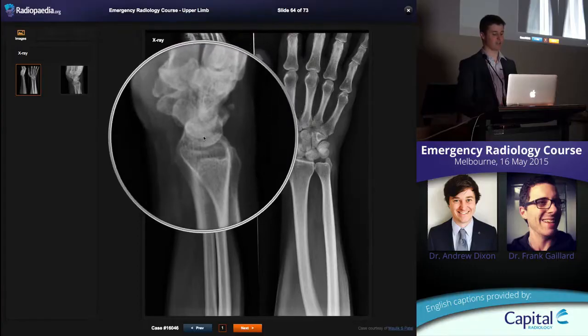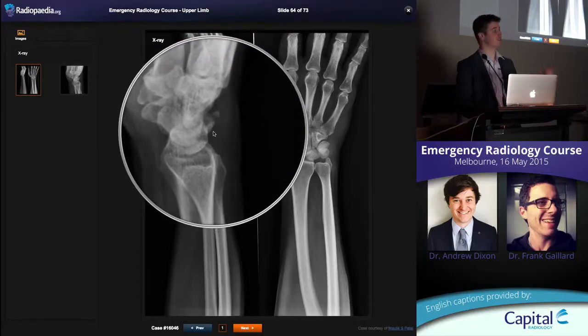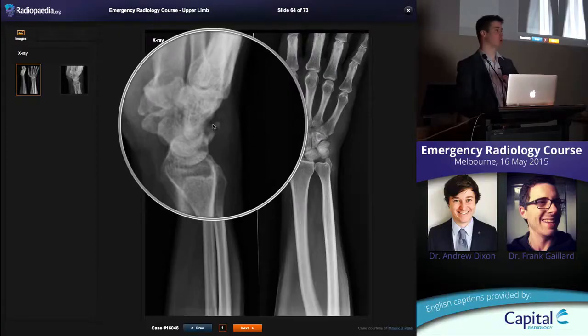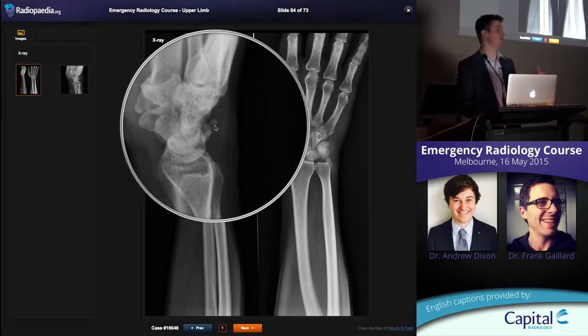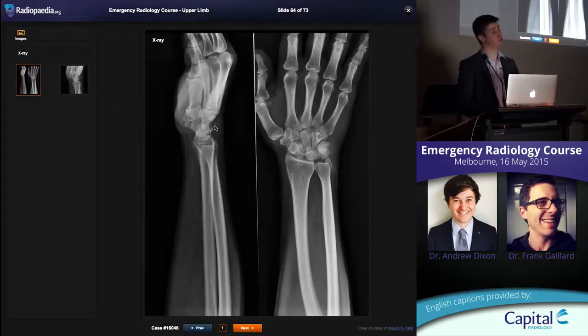The only other bone in the proximal carpal row is the triquetrum. And this is what a triquetral fracture looks like every single time, a little bone sitting out the back. So if you see that, you don't need to think too hard about what it is. That's a triquetral fracture. It's not significant, but it's cute to be able to say, oh, that's a triquetral fracture. Looks the same every time.